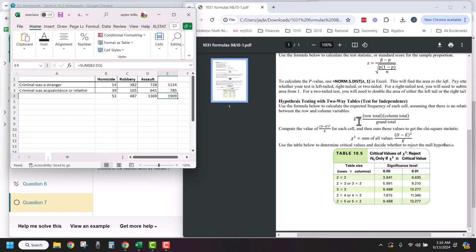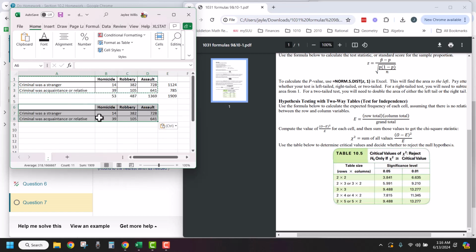And now we want to find the expected frequency of each cell. So I'm going to copy and paste this down here. And I'm going to delete these values because I'm going to now find the expected ones. So for the homicide one, I'm going to take the row total, multiply by the column total, and then divide this by the grand total.